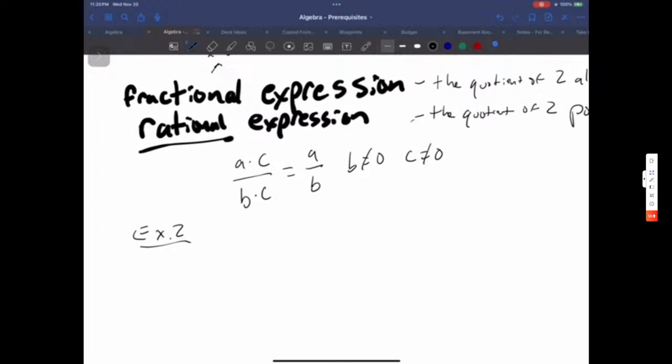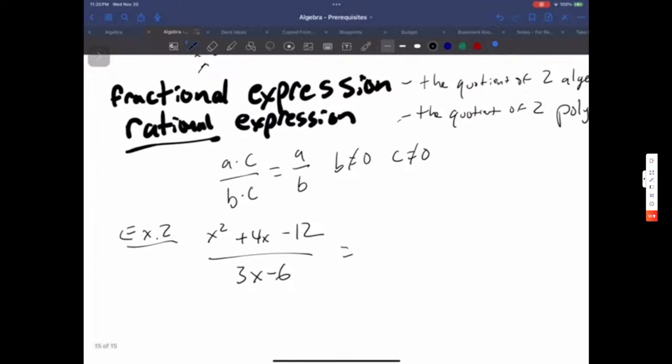So if we look at example 2, we have x squared plus 4x minus 12, divided by 3x minus 6, and it says reduce that. Okay, can it be reduced? Well, obviously it's an example, so likely yes, but let's look at it anyway.